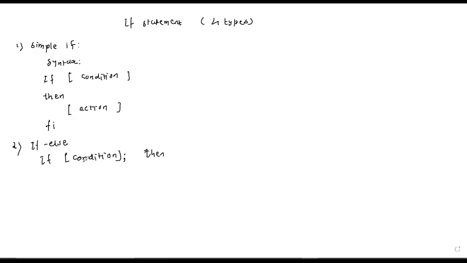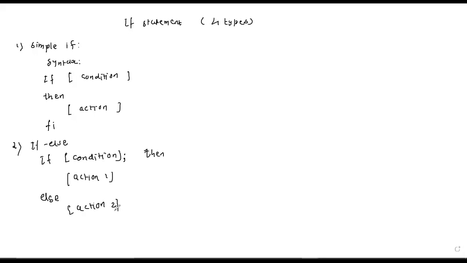So if the condition is true, obviously there will be an action. So this is the first action. Else, that means otherwise, if this condition is not true, we write action 2.